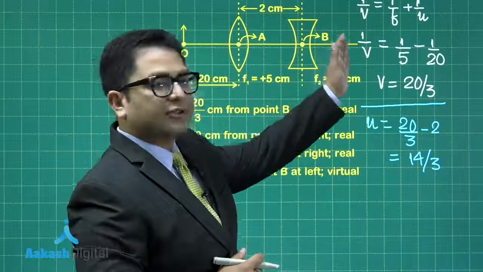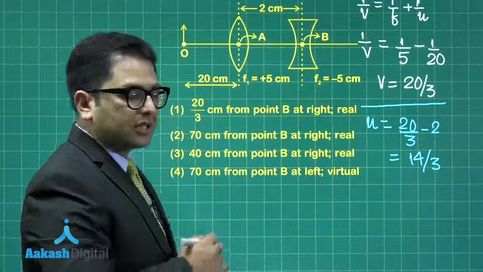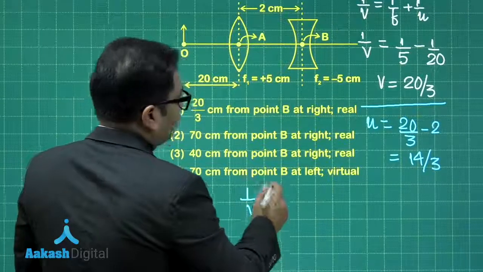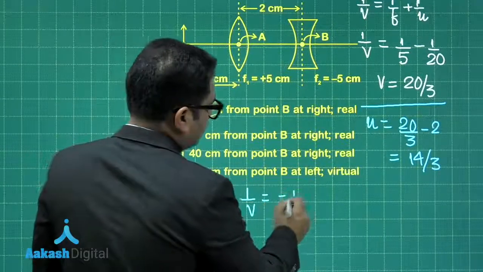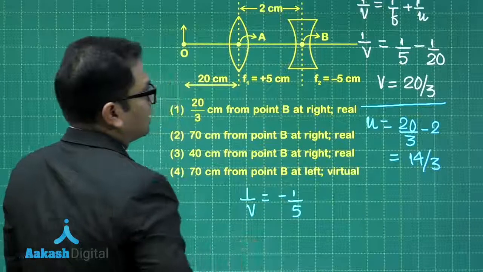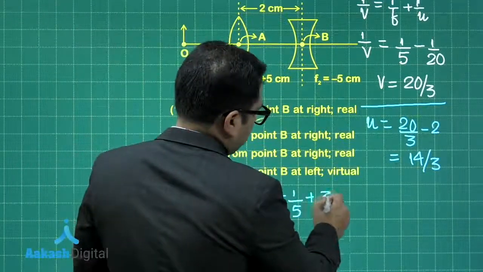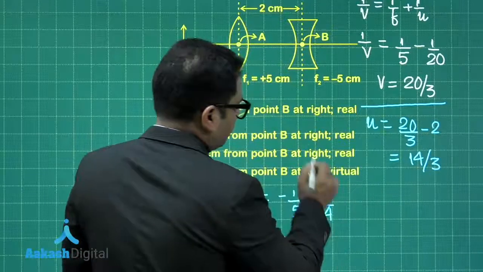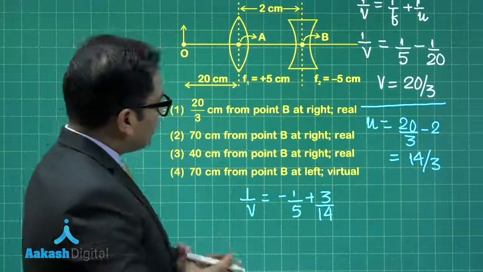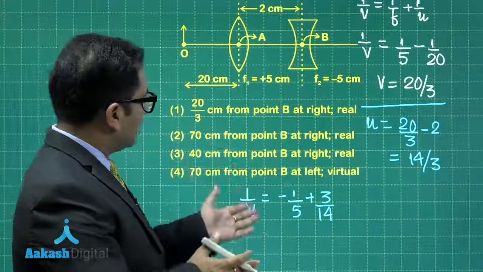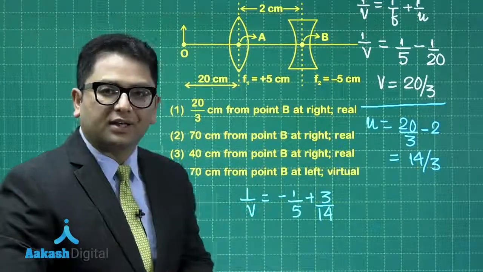So that's towards the right. And for the concave lens now, 1 by V is 1 by focal length, which is minus 1 by 5, plus 1 by U, so that's plus 3 by 14. That is the position of the image, and that is what we need to calculate.